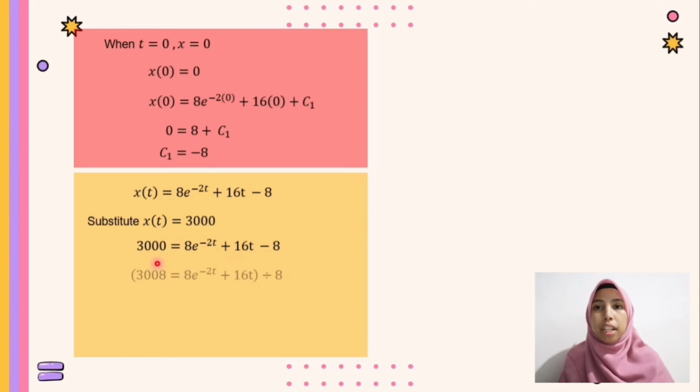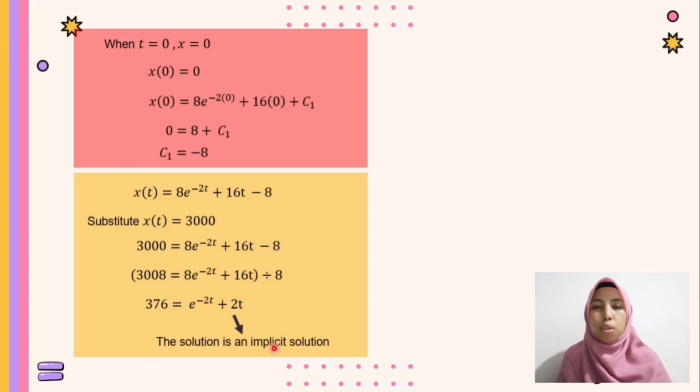Okay, move the minus 8 to the left, so 3000 plus 8, and we get 3008 equal to 8 e to the power of negative 2t plus 16t. So divide by 8, we get 376 equal to e to the power of negative 2t plus 2t. The solution is an implicit solution.